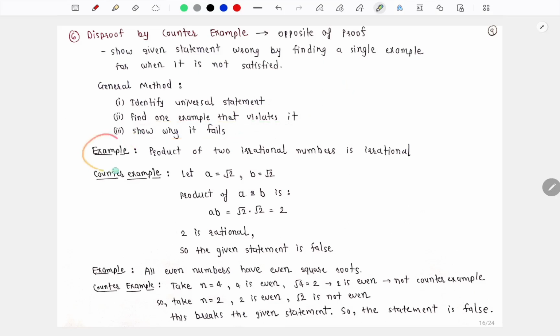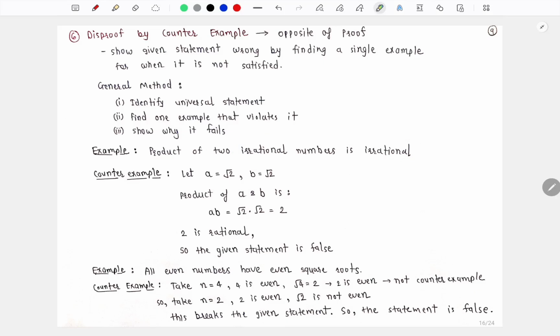We will see one example and you will get an idea of the disproof by counter example. So here we have given one example. Product of two irrational numbers is irrational. Firstly, what is an irrational number? Irrational number means it is not in the form of p by q.